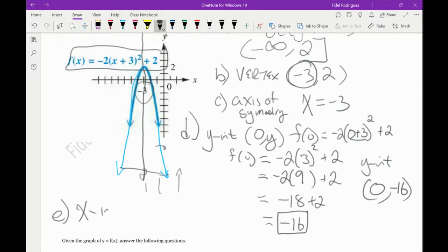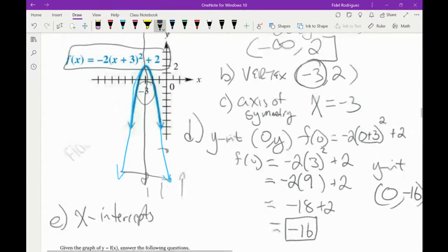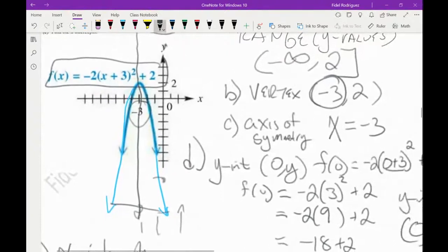Part E, we're now looking for the x-intercepts. So again, if I'm looking for the x-intercepts, I can look at my picture and I can say, look, what are the coordinates here of, let me clean this up a little bit. There we go. So we can see a little bit better. What are the coordinates of those 2 points?